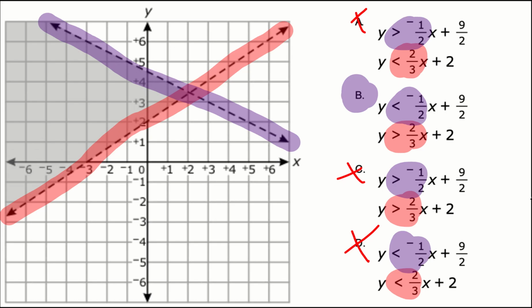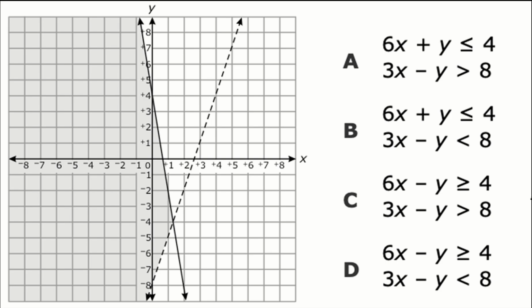If you use the little table we made, it kind of shows you based on which section was labeled as well. So again, we got section 4 from our little chart is shaded in. This time, I've got a solid line right here, and it's shaded below the solid line. So my solid line, that's going to be below. Solid line, that's going to be below. We got to flip that one, solid line below. We got to flip that one, solid line below.